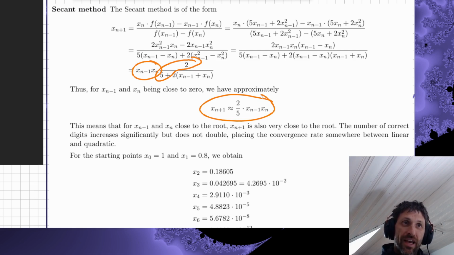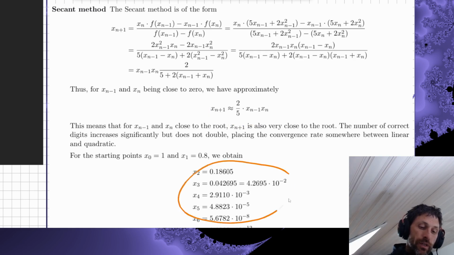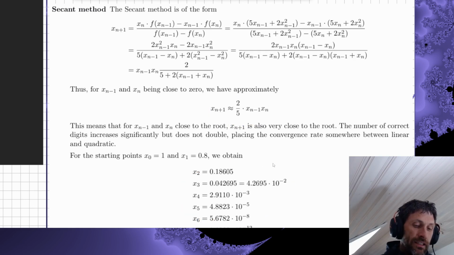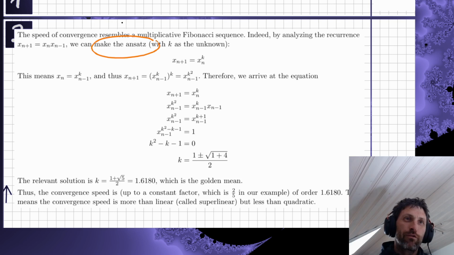What does that tell us? Do we have quadratic convergence or linear or whatever? So we can analyze this in the following way. First we can check the example, but we already did. And next we can make the Ansatz. Ansatz is a German word, and English sometimes takes German words.